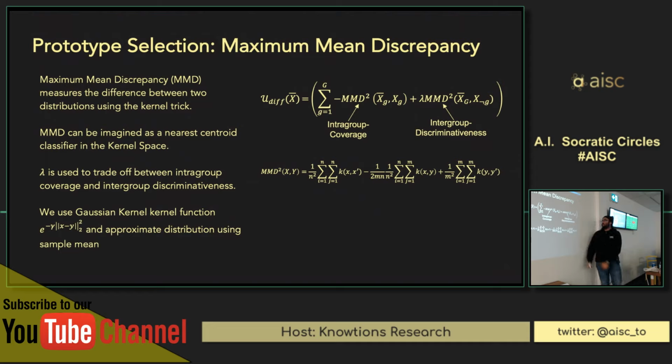The second part of this equation is MMD of xg bar and x not g. This captures the discrepancy between the prototypes of the selected group G and all other groups that are not G. So this is where they're capturing that difference. Basically we have two components here, the similarity and the diversity.